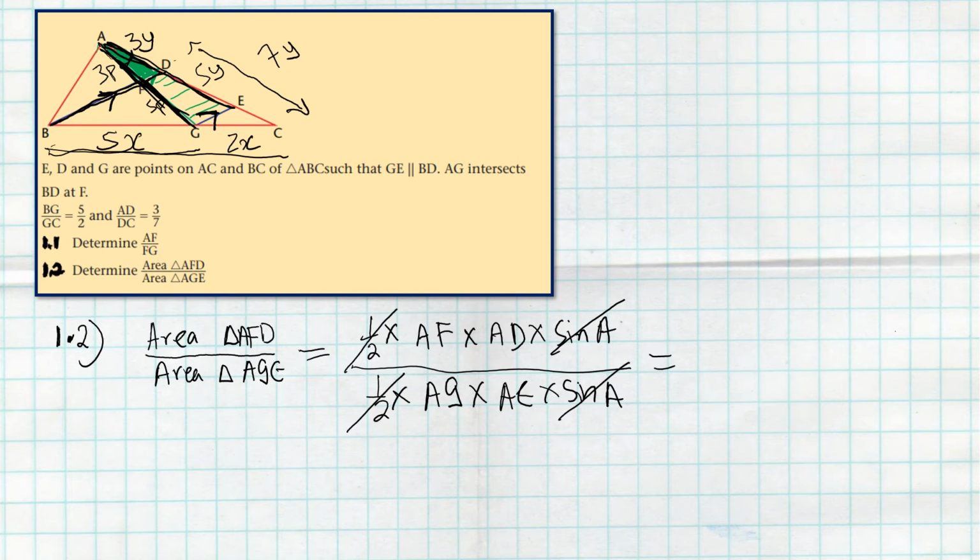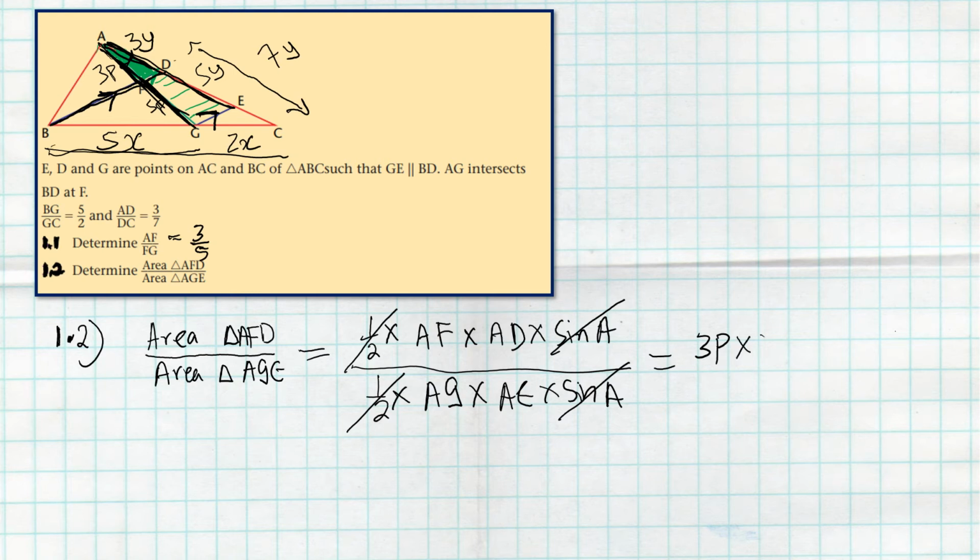Then we can replace our AF, which was 3p. Remember, we calculated AF over FG to be 3 over 5. So because it's the other side, we can just use another variable, p, like that. So AD is 3y.